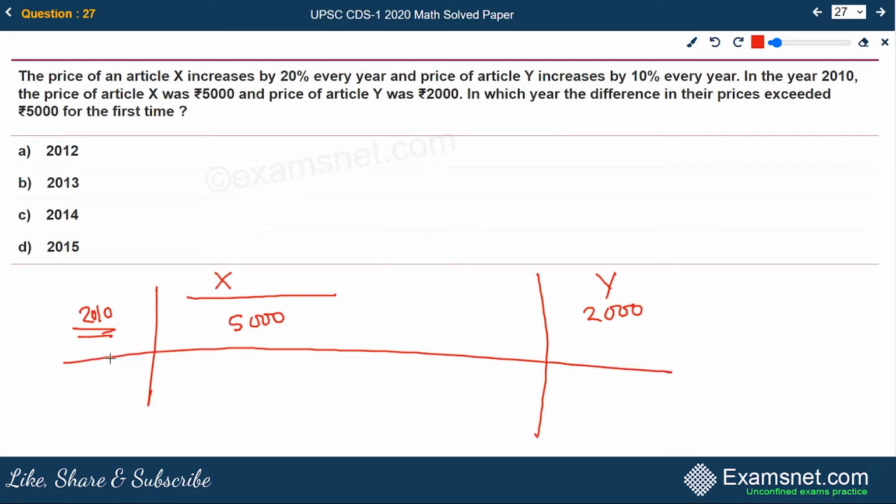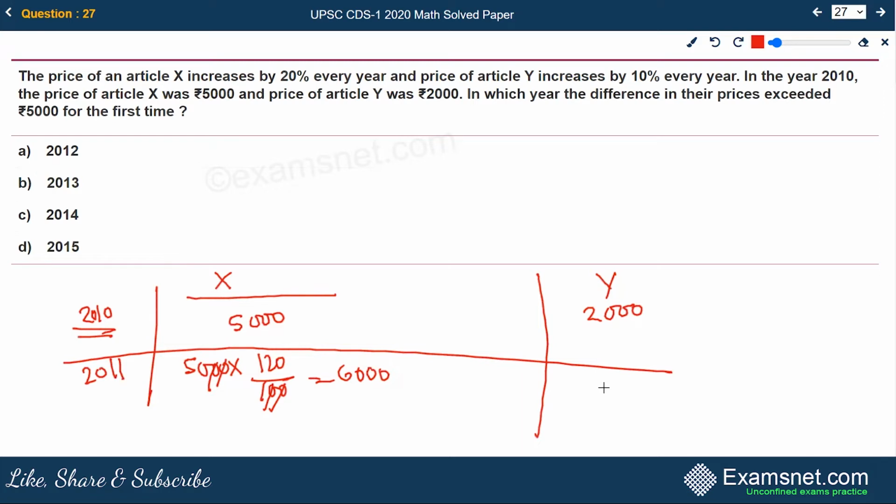So next year, that means 2011, since X increases by 20%, the price will be 120 by 100 times 5,000, so 6,000.